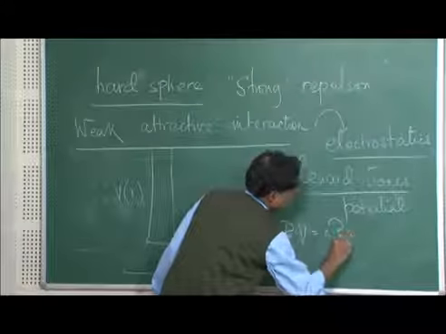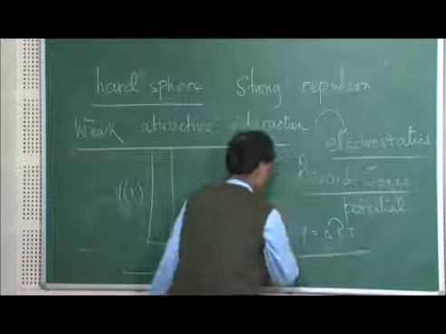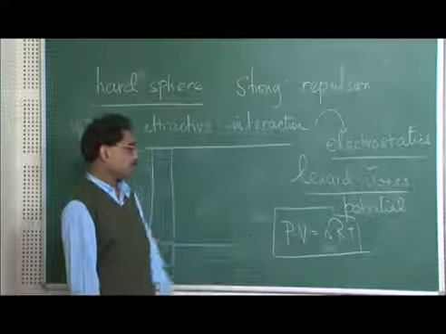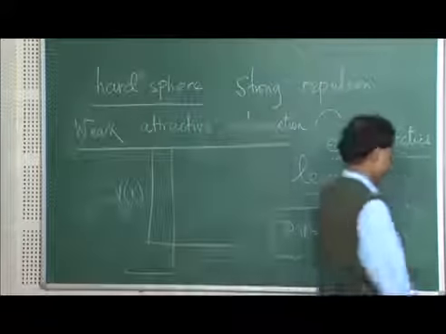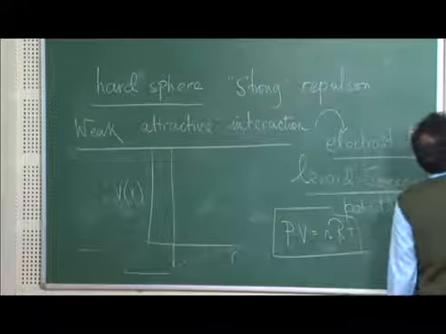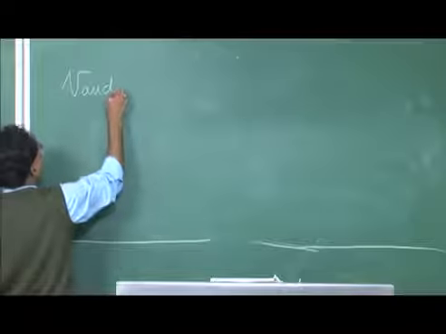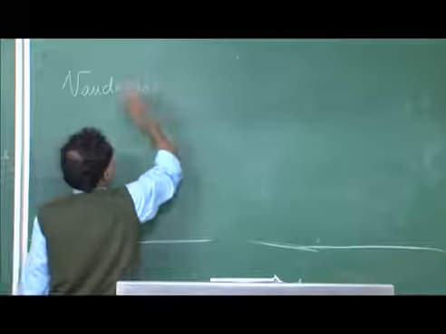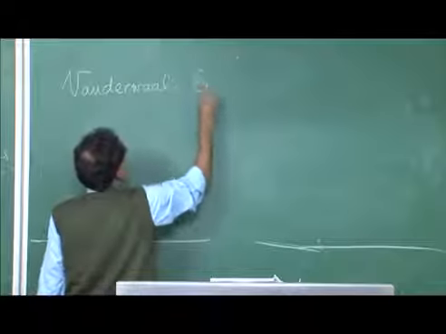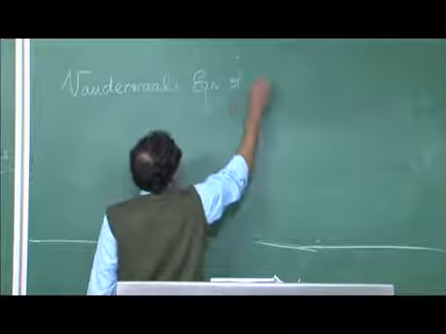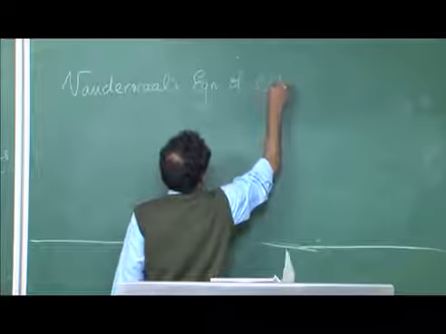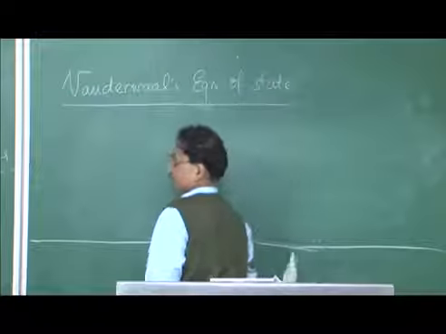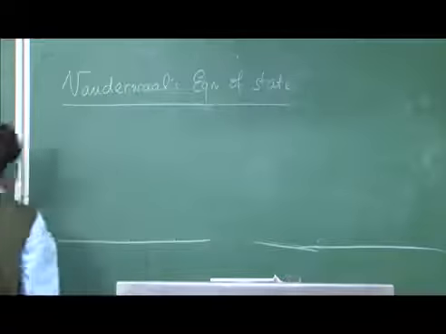This was my equation of state. Boyle's law, Charles' law, everything we found out from here. But what will we get? Simplest correction to ideal gas scenario is van der Waals equation of state. I will spend just half an hour on this van der Waals equation of state.